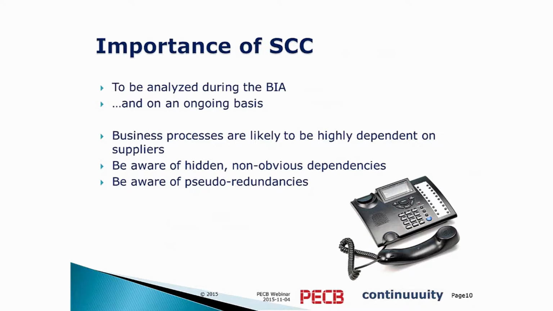For the obvious suppliers, this is not a problem. They know exactly, yes, we know this transportation company comes regularly, and yes, we are depending on this software maintenance crew, whatever, external, internal. But the real challenge actually is to be aware of those hidden and non-obvious dependencies.